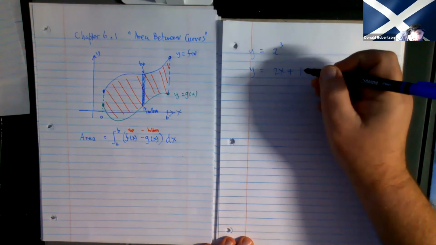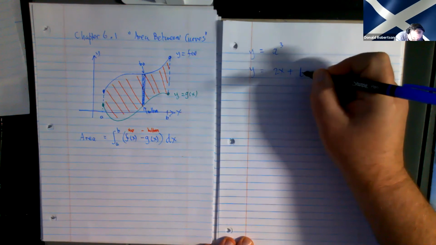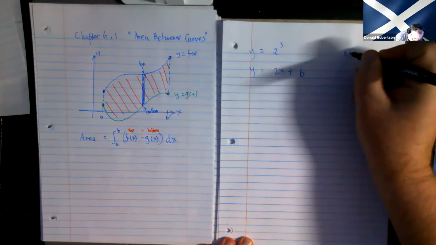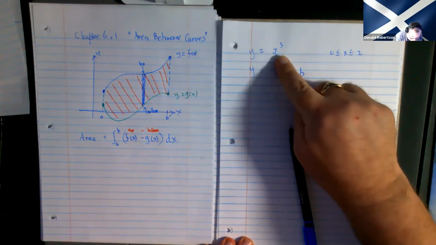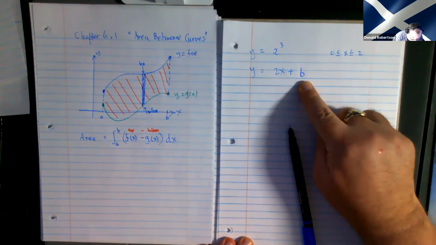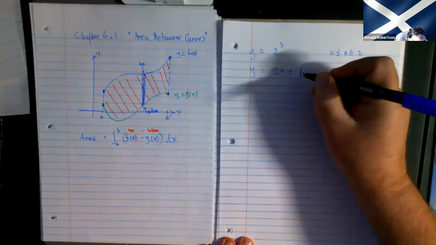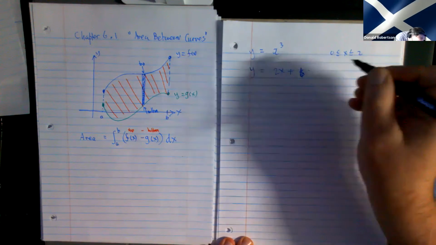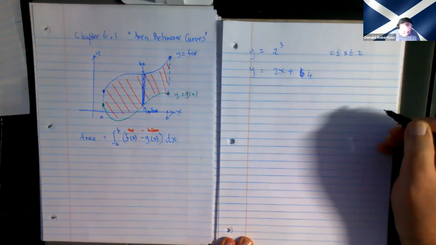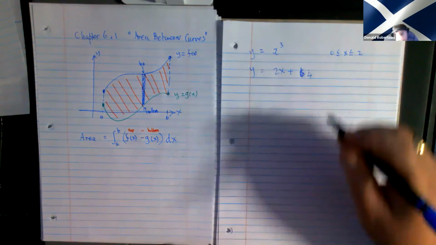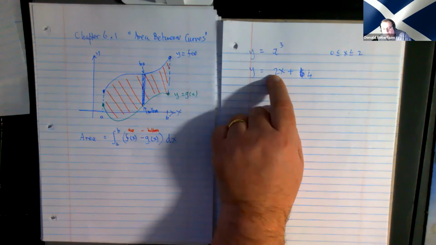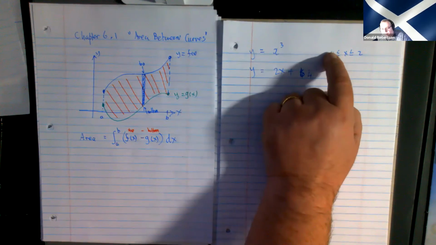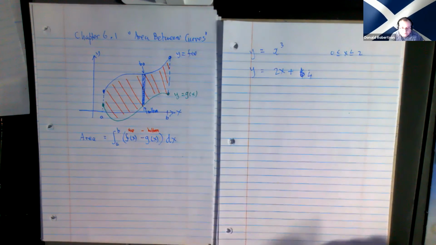At x equals 0 it's 0 and 4, at x equals 2 it's 8 and 8. That should work. So the question was, find the area between y equals x cubed and y equals 2x plus 4 from x going from 0 to 2.